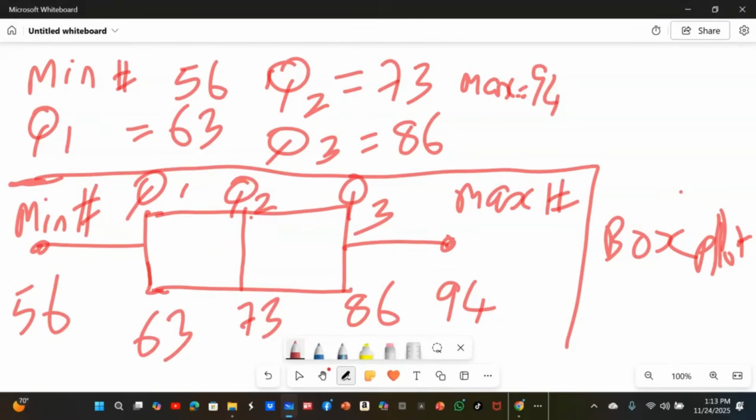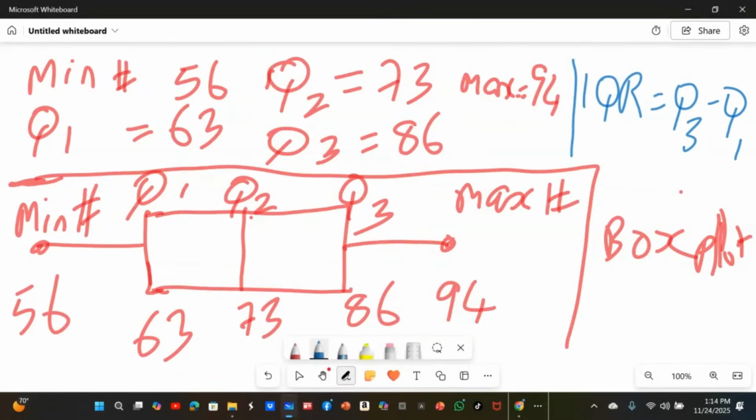Okay, but there are other things they can also ask us here. He could actually ask us what the interquartile range is. So suppose we are told to find the IQR. The IQR is always the third quartile minus the first quartile. Hope you still remember that from Unit 1. That's why we are reviewing for the final exam, because the final exam starts from Unit 1.